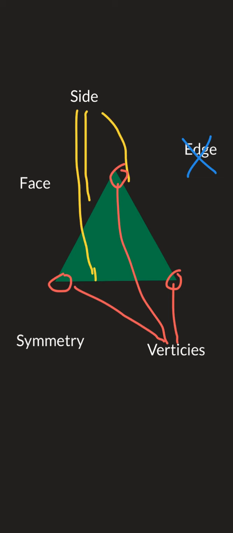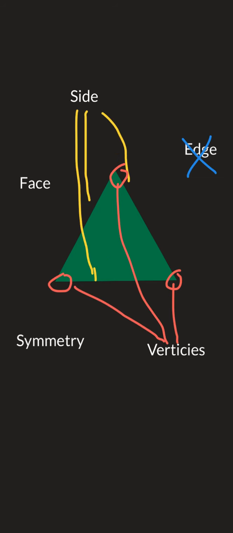Symmetry. Now I need to think where my line of symmetry might be for this shape. If I split the shape here, would both sides be the same? No. If I split the shape in half here, would both sides be the same? Yes.